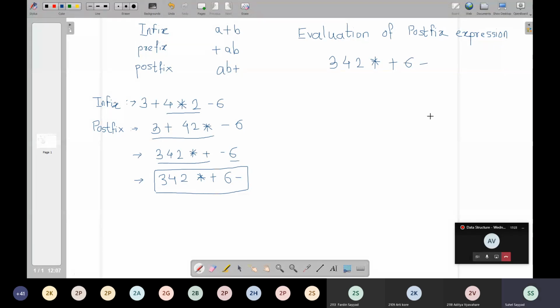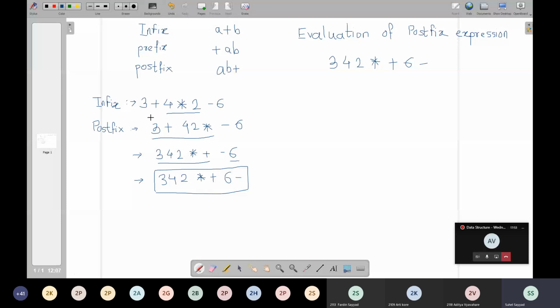What we need to do in this problem is evaluate this postfix expression and find the answer of that particular expression. I am interested in the answer of my infix expression basically, right?